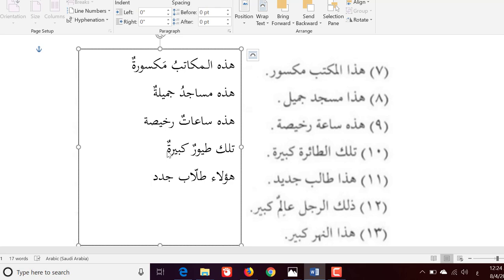So it's هؤلاء طلاب جدد. These are new students, not these students are new. The only way this would be these students are new is if it said هؤلاء الطلاب with alif lam, but here it doesn't have alif lam. So we say these are new students. Judud is an adjective.